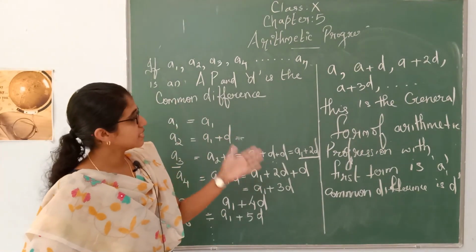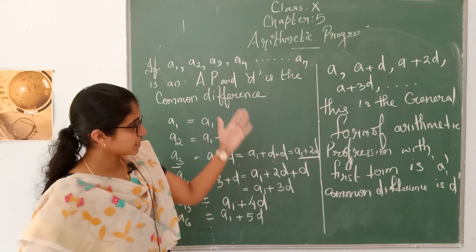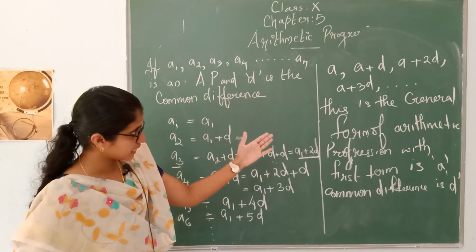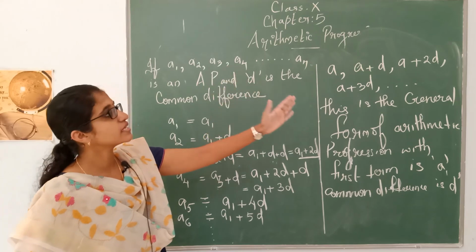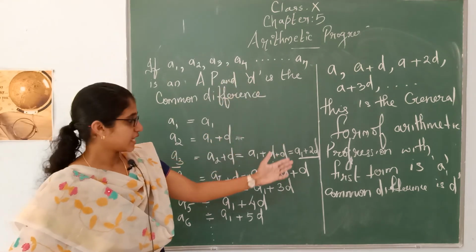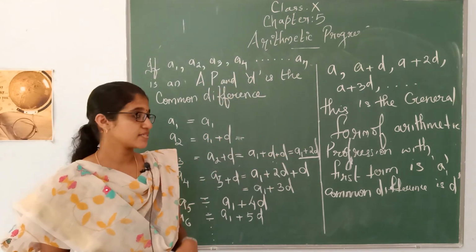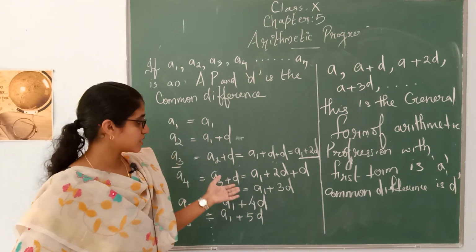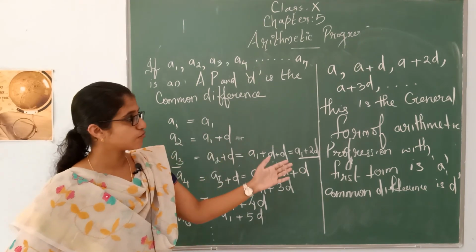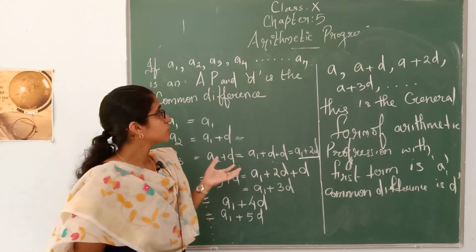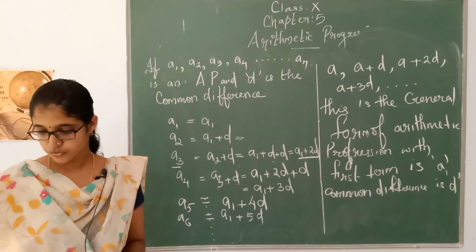So this is the general form of arithmetic progression: a, a plus d, a plus 2d, a plus 3d. Here the first term is a and the common difference is d. So I think you all understood what arithmetic progression is and its general form. This is the new topic and I think all of you should have understood.